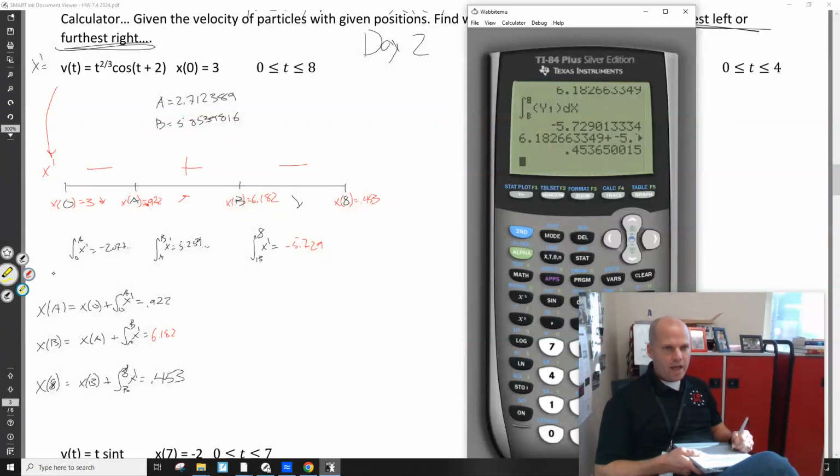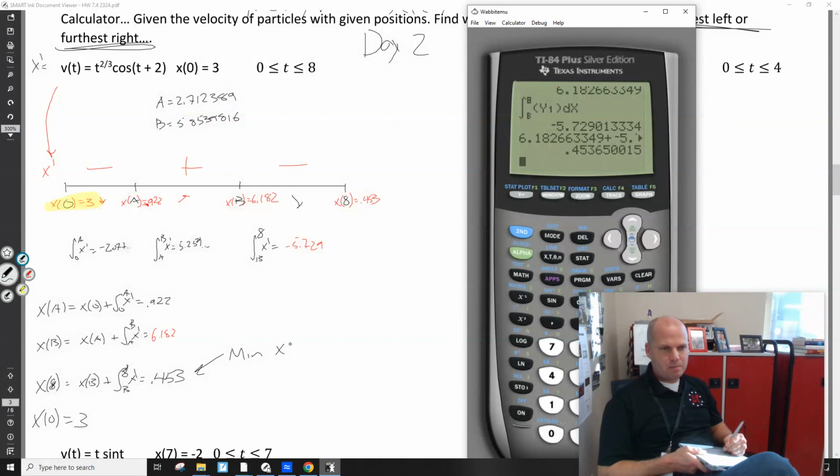Now we have x of 0, which is 3, A, B, and 8. We have all of our candidates listed off. We got to pick the smallest and the largest one. We notice that this is the minimum position value. It's the minimum of my candidates.